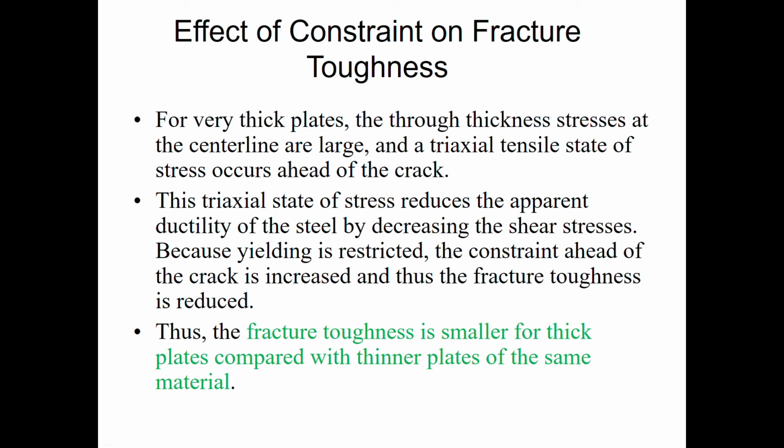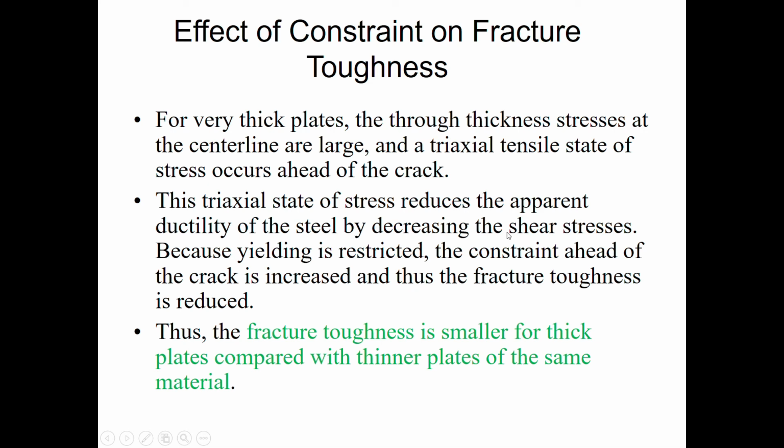Okay, effect of constraint on fracture toughness. For a very thick plate, the through-thickness stresses at the center line are large, and a triaxial tensile state of stress occurs ahead of the crack. This triaxial state of stress reduces the apparent ductility of the steel.